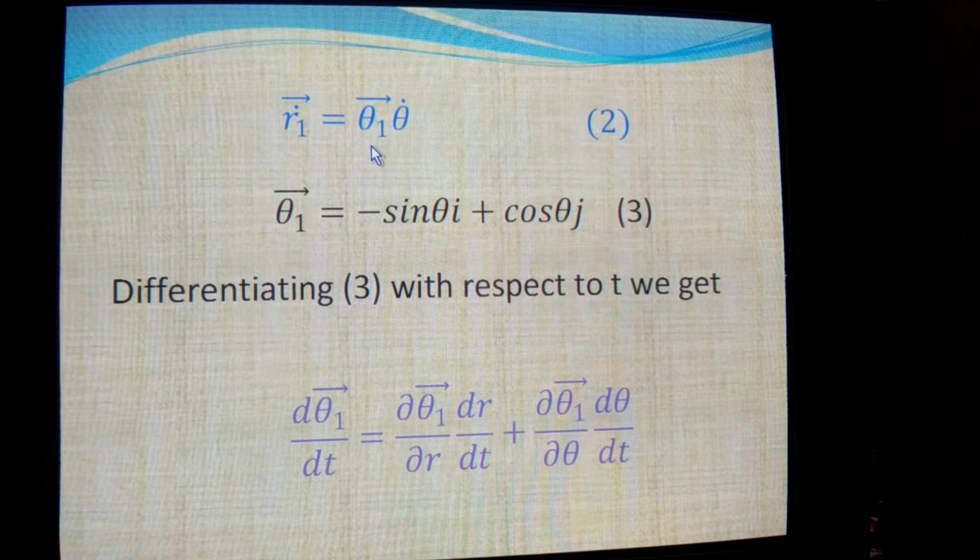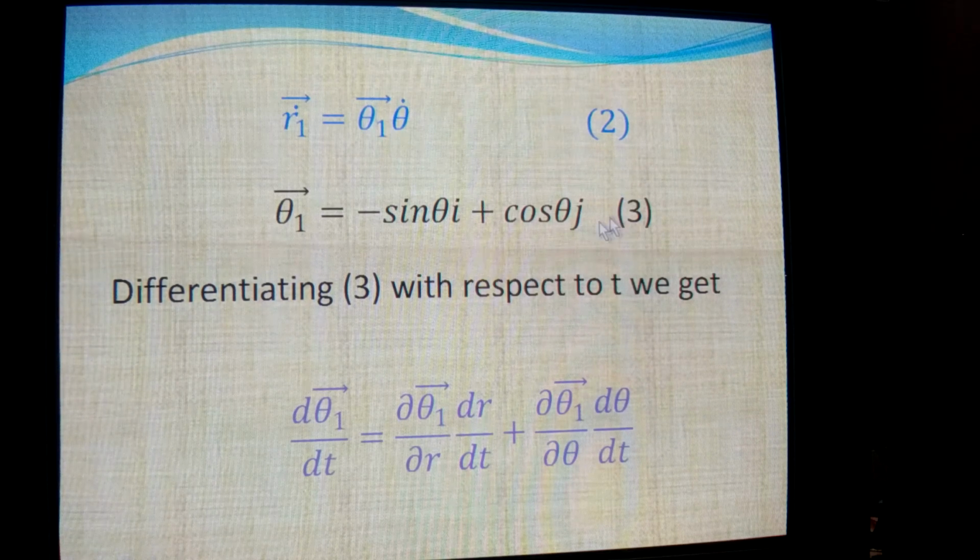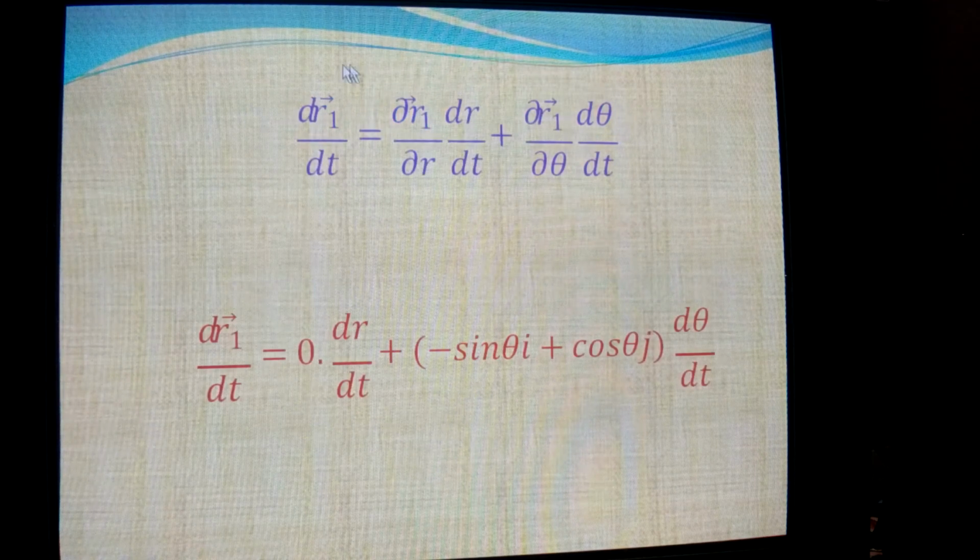Next we find another quantity. Again, in the last class we derived theta 1 bar equal to minus sin theta i plus cos theta j. Call this equation 3. Again we differentiate this equation 3 with respect to t, as we did in this case, in the same way.